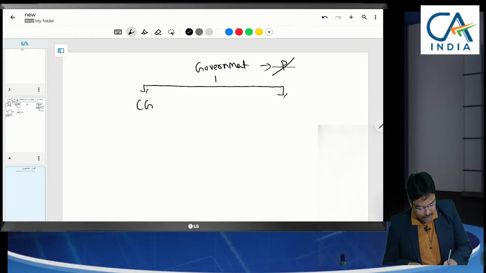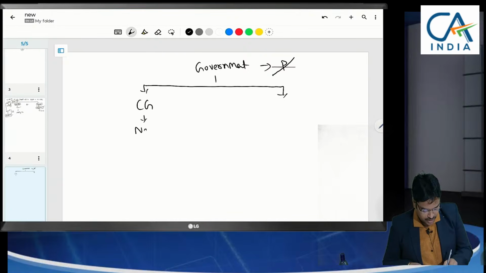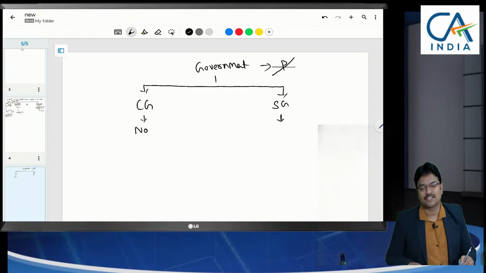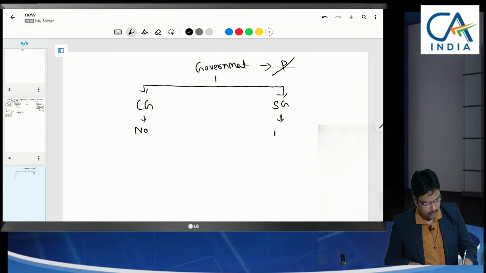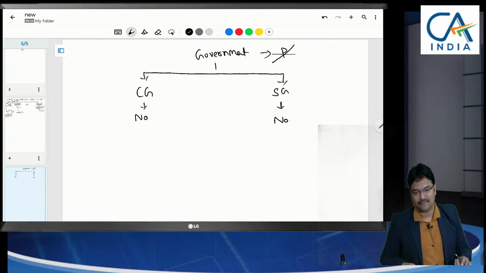Will central government pay income tax? No. Government includes central government. Will state government pay income tax on collections from the public? Answer, no. Might be state government or central government. Government is not an SSE, not a person itself.